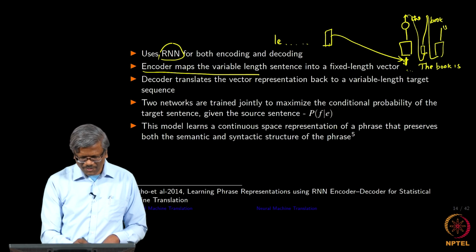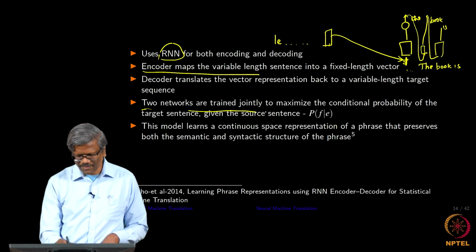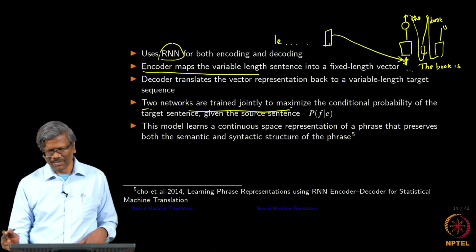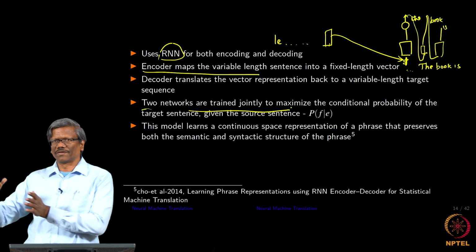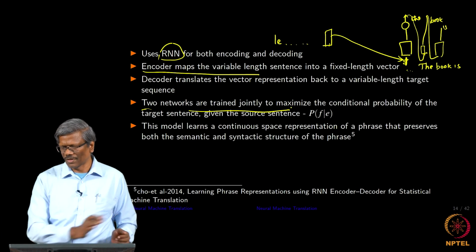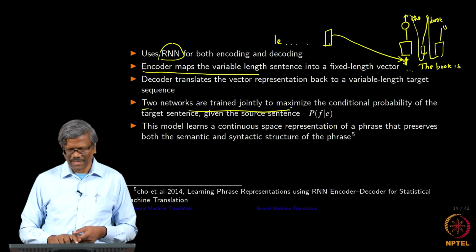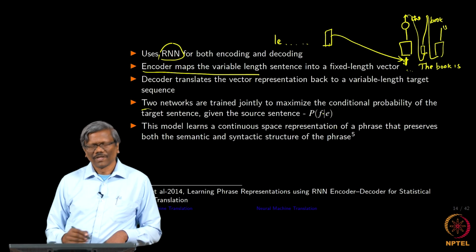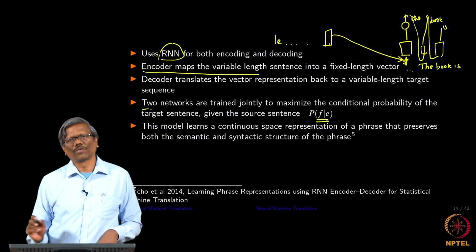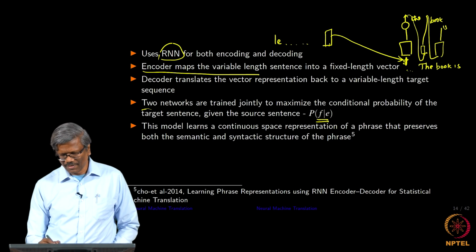These two networks are trained jointly. So, as I mentioned, it goes from the decoder to encoder and then encoder to decoder, and the process goes on until the network stabilizes. What essentially that means is, it is again the same conditional probability that we talk about.